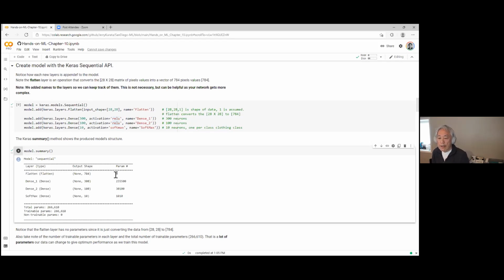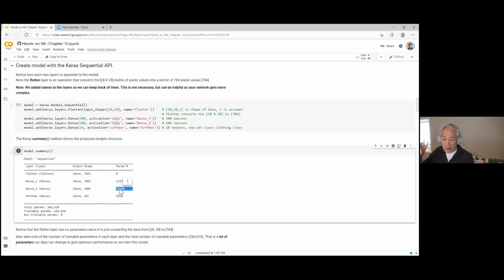And then we can just take a look at the structure of it. The flatten layer, as I said, all it does is convert that data, so there are no trainable parameters. But look here, our layer with 300 neurons in it has 235,500 parameters that we can train. That's a lot of knobs and dials. And this is a trivial neural network, right?